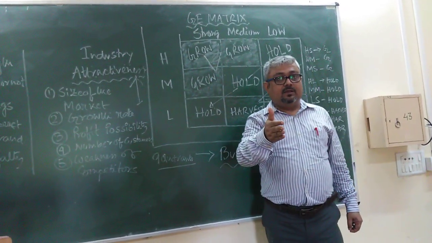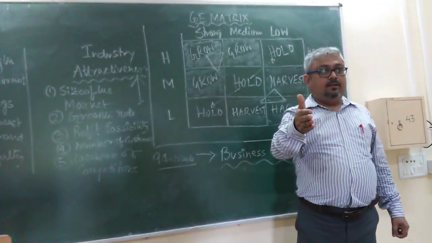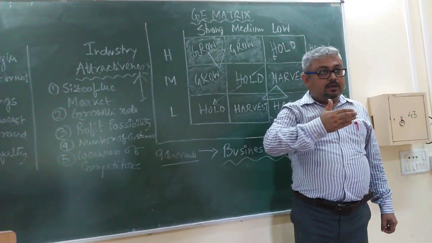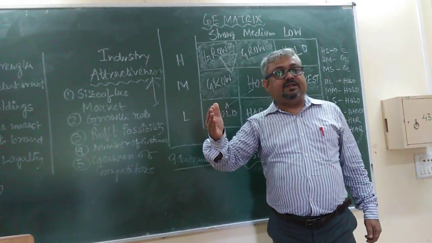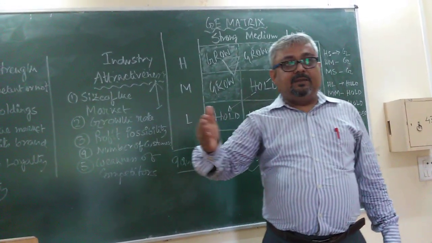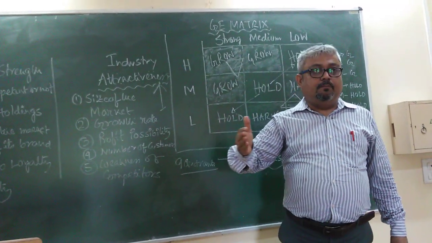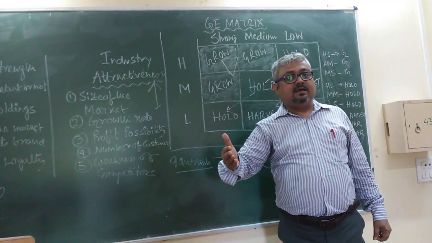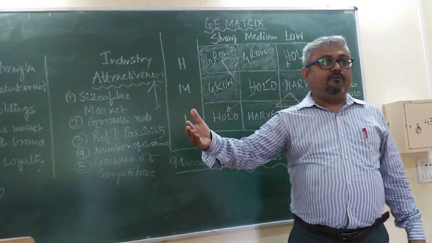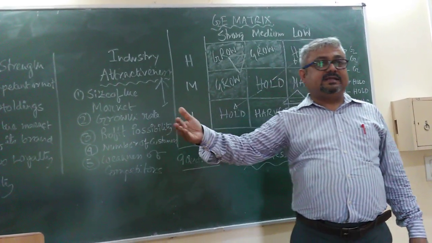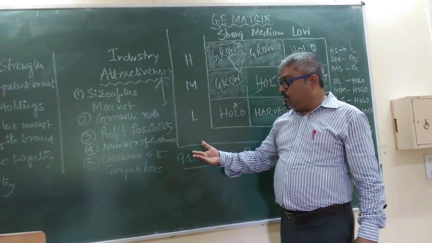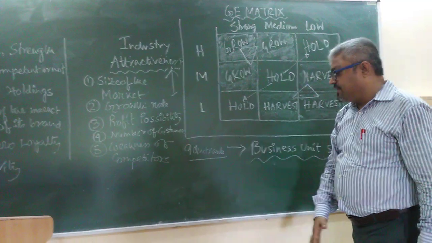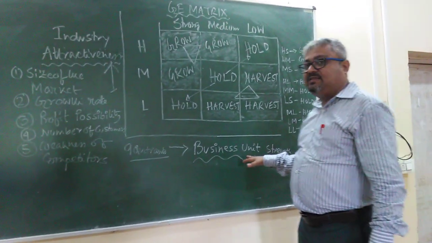For example, the weakness of Apple is the cost, because even if individuals wish to buy Apple products, they are unable to bear the cost. So this is an advantage for Samsung, MI or other brands like Vivo, Oppo, etc. You have to think of this aspect for industry attractiveness, and business unit strength is also important.